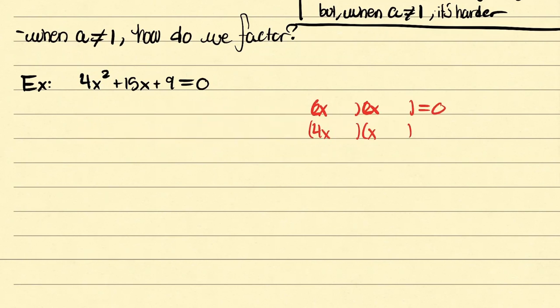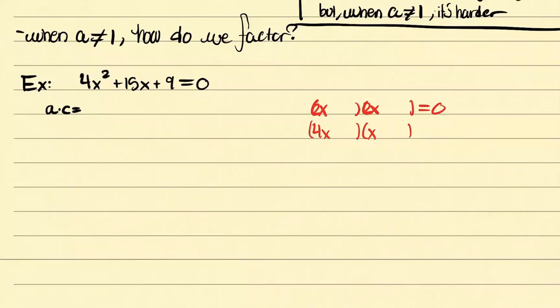So here's the trick. What I'm going to do is look at what a times c is. So what are a and c? If I write this quadratic equation in standard form, I can just pick out what a and c are. So what are a and c in this quadratic equation? 4 and 9.